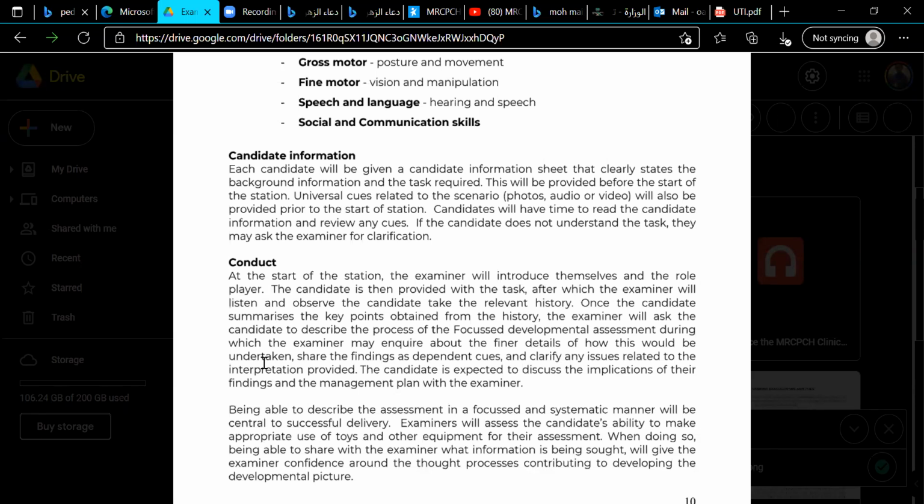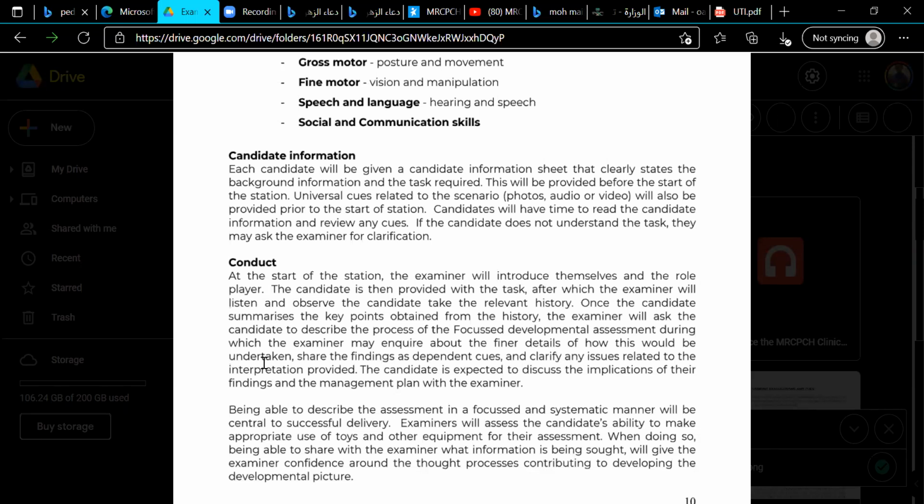Share the findings as dependent cues and clarify any issue related to the interpretation provided. So the candidate is expected to discuss the implication of their findings and the management plan with the examiner.